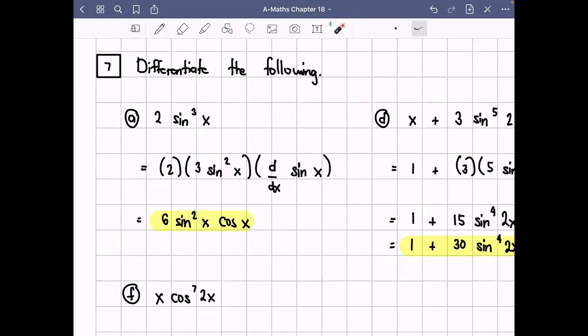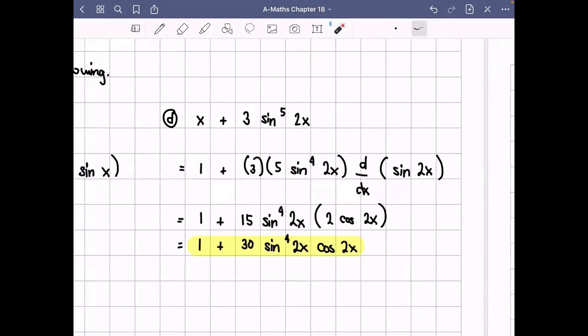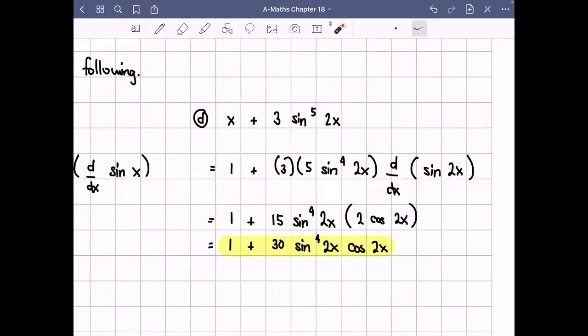No? All right. So my next example, or maybe my second to the last example, is letter D. Okay. So x plus 3 sine to the 5th power of 2x. Okay.